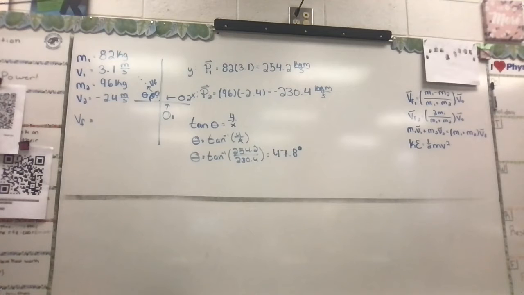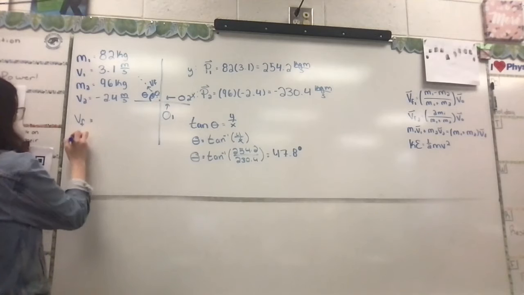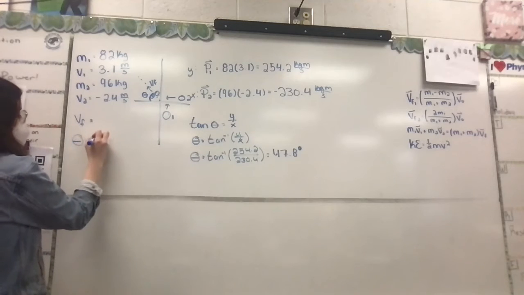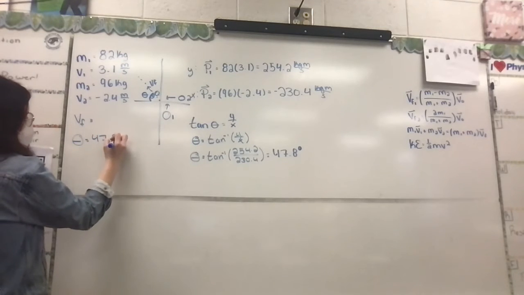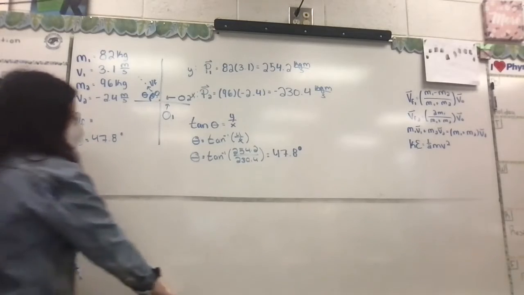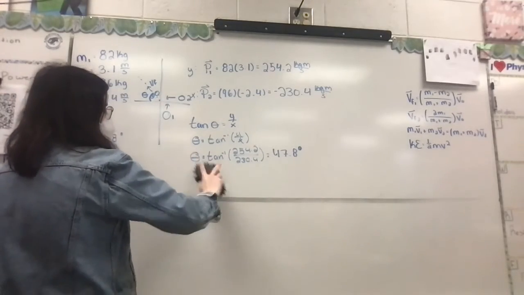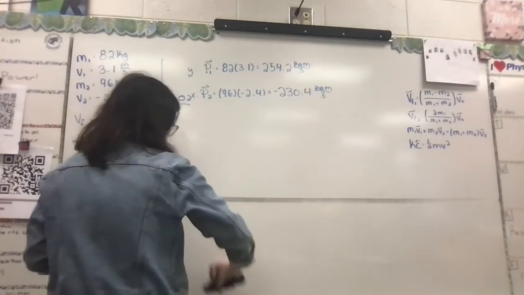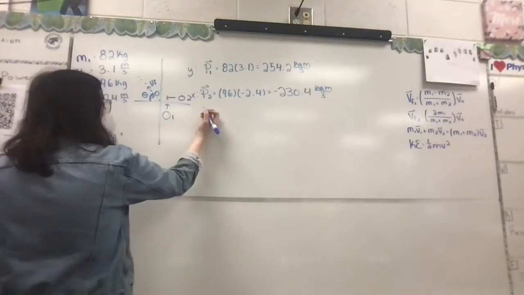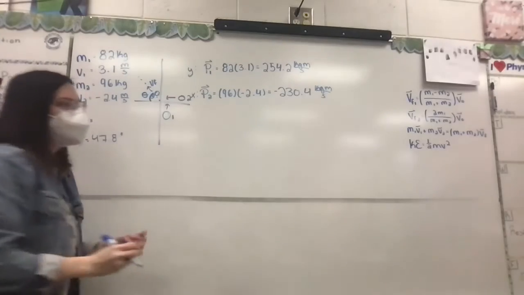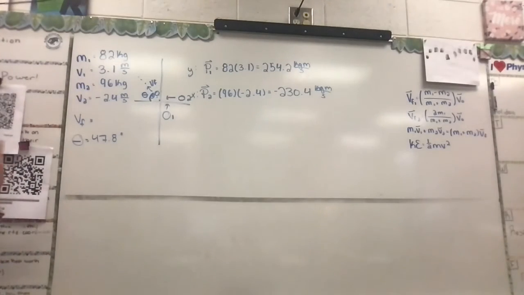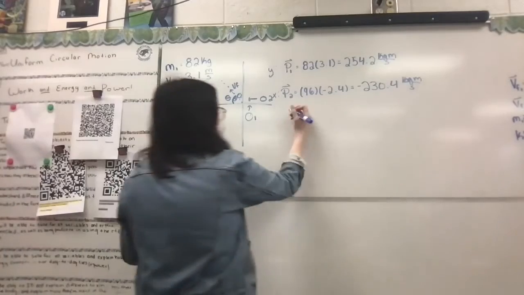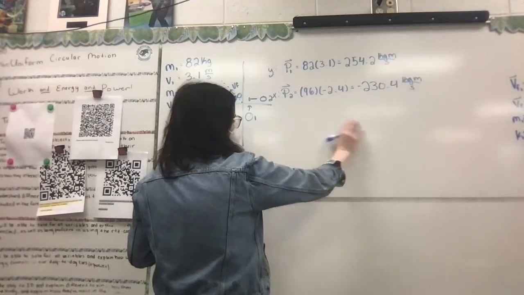We can find the final velocity now, okay? So I'm going to put over here that theta equals 47.8 degrees. And then I'm just going to erase this so that we can see how we can now find our final velocity. When we do conservation of momentum, sorry, yesterday it wasn't just m1 plus m2.